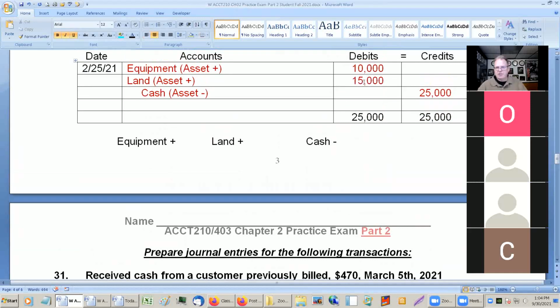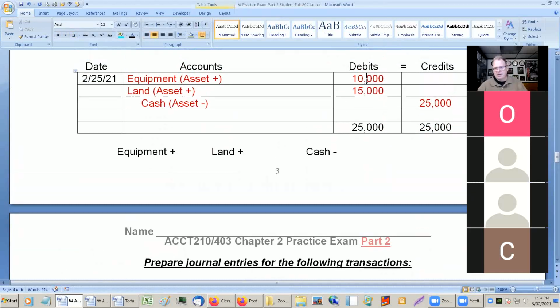I might as well mention it. Sometimes in accounting, you'll break this up into two different journal entries. Why? If you put 25,000 in cash, it's going to be hard to know what you paid the 25,000 for, because you go through the records and you're not going to see a 25,000 for anything.